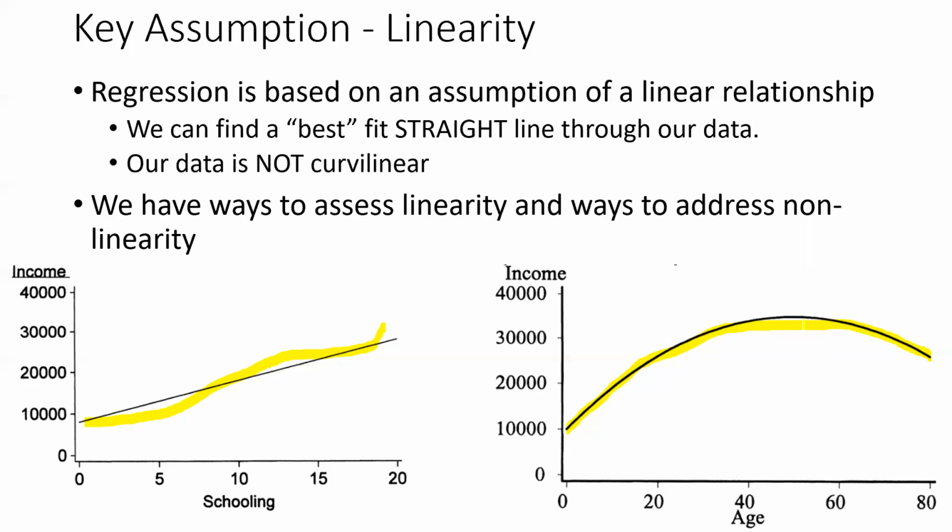And what happens at that point? Well, that's when most people are going to be retiring. So it would increase up until retirement age, and then income would decrease again after that. So this is a non-linear relationship. It is a curvilinear relationship.